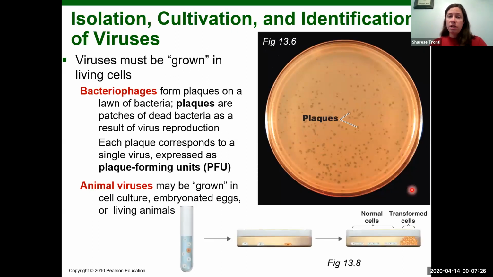So cultivation of viruses, again, they have to be cultivated with their host cells. So for bacteriophages, you can just make a lawn of bacteria, inoculate it with the virus, and then you're going to see the development of plaques. Now in the book, they describe these as patches of dead bacteria.